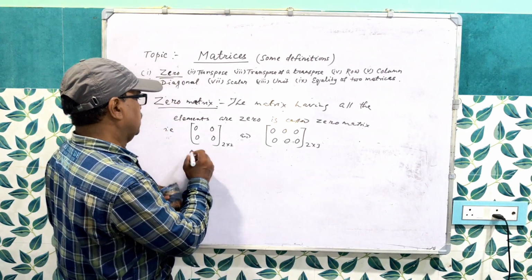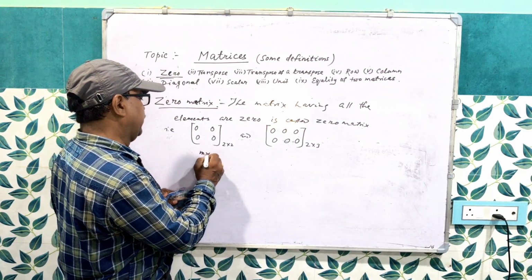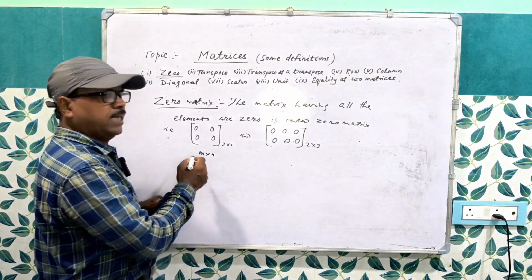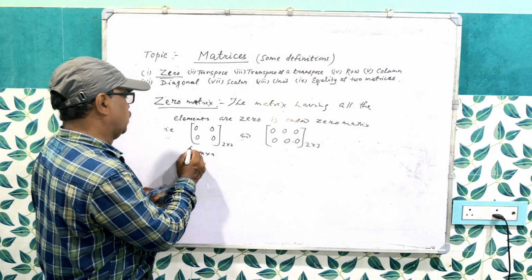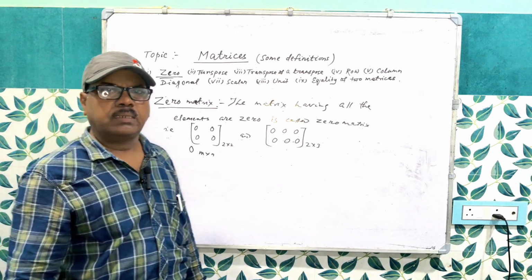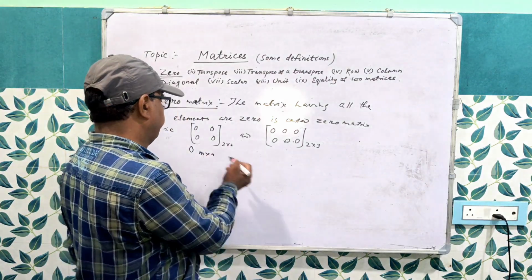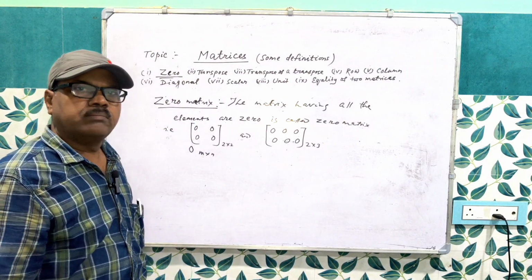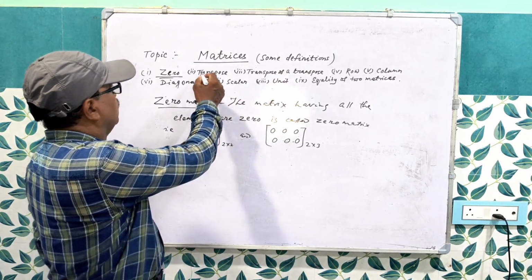If the order is m into n, then it can be written as 0 m into n. Clear?